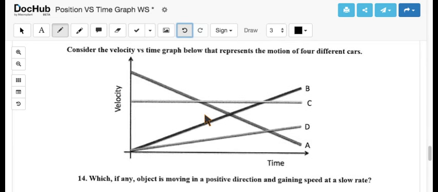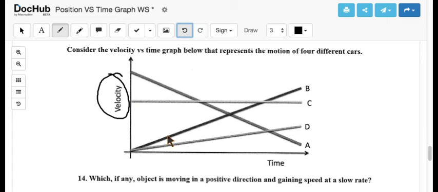This one, you can get, but just remember, this is a velocity versus time graph. So this one's telling you what? Constant speed, whatever that velocity happens to be. These other ones are not constant. They're changing.